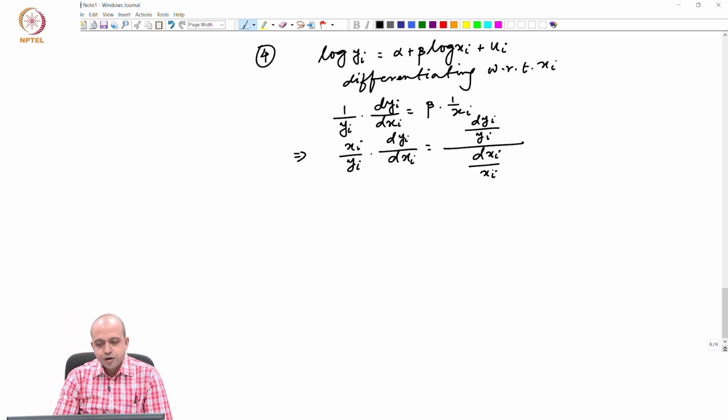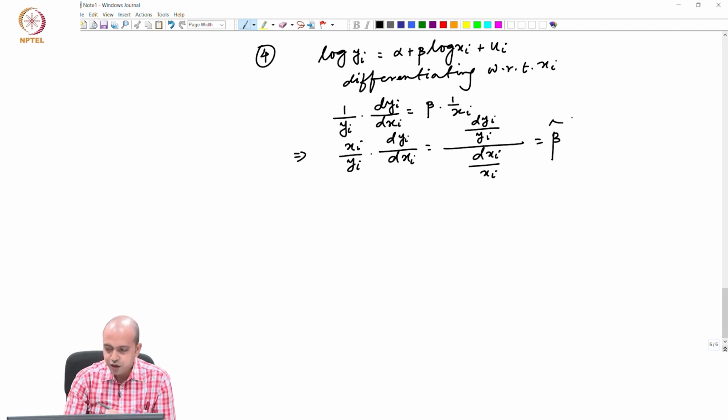Can you recall this relationship? Suppose this is my demand function, yi is the demand for the ith product and xi is the price of the ith product. Then this is nothing but beta hat. So, in this context, beta hat is the price elasticity of demand.